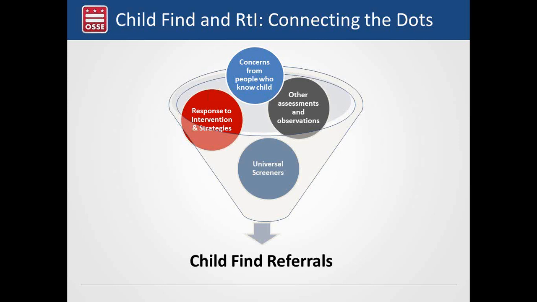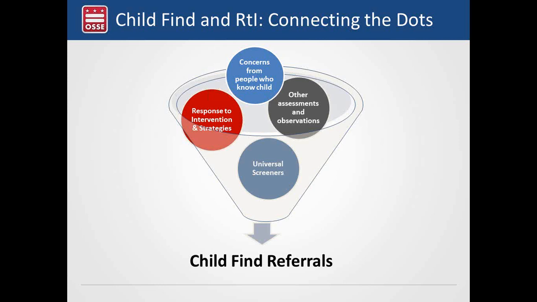You cannot delay doing a referral for an initial evaluation if there is data to suggest that a student may need special education. Simply because you're doing the response to intervention process is not an excuse to delay making that referral for child find if that's what the data is pointing to. You can continue to implement response to intervention even while the initial evaluation is going on.